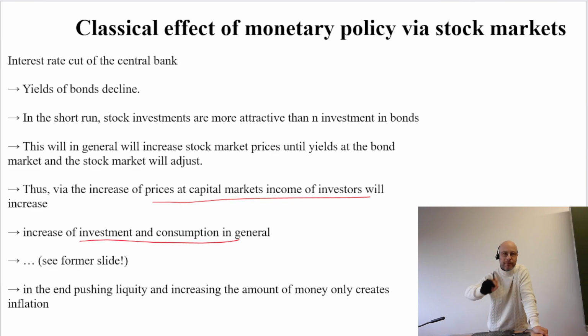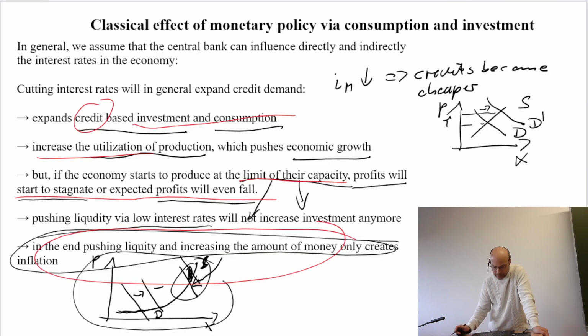And then we can just jump to the former slide. Let me make a star here. And we just jump to that point, and then the same argumentation starts here. First, increase of utilization. So also via this indirect effect, we get a push on the economy.